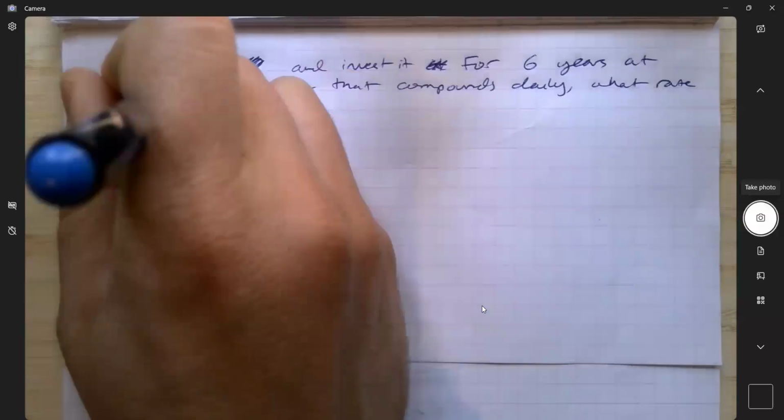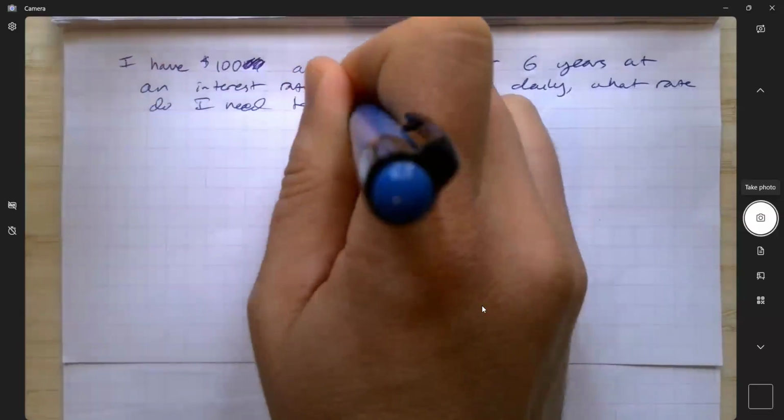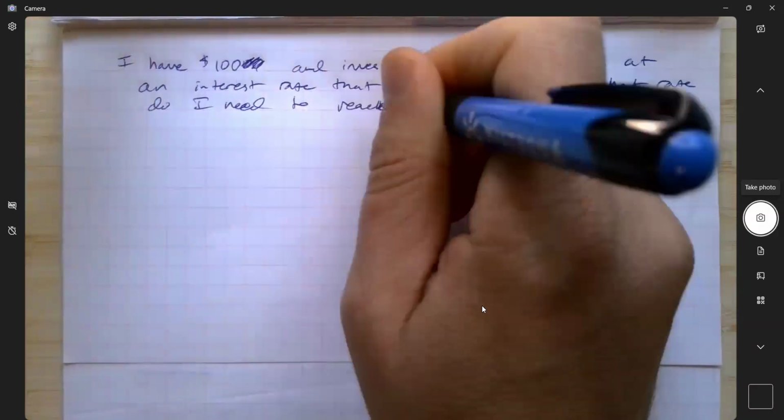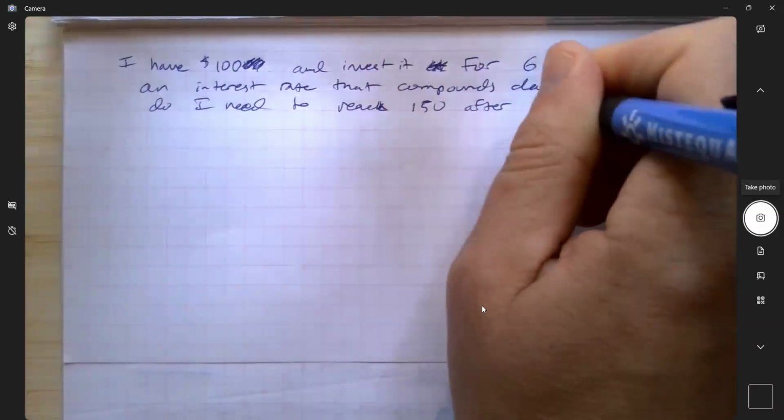What rate do I need to reach $150 after the 6 years?